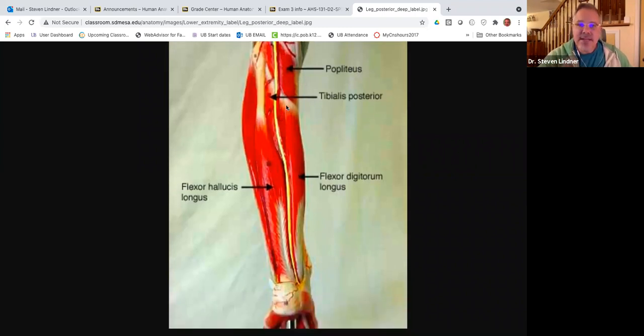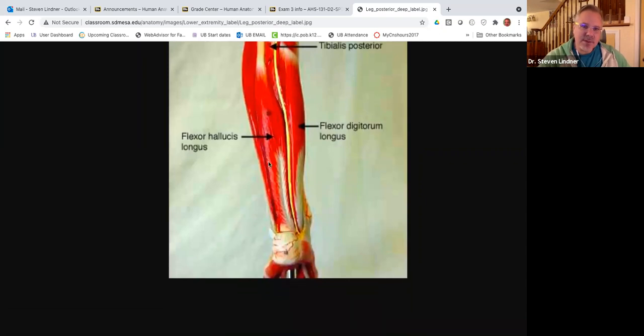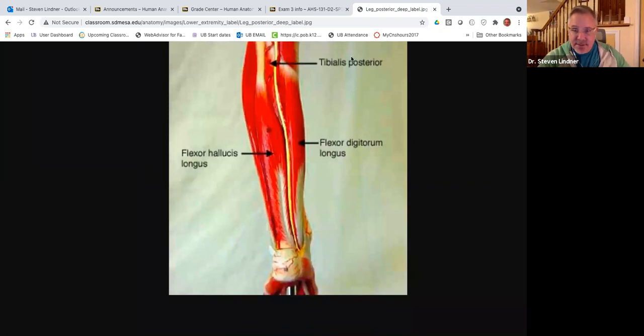These three muscles, now we have right in the middle, right? You have one here, one here, one here. It's like a sandwich. We have the flexor hallucis longus. So it's going to go on the posterior leg. All three of these muscles cross on the medial aspect of the ankle, just posterior to the medial malleolus.